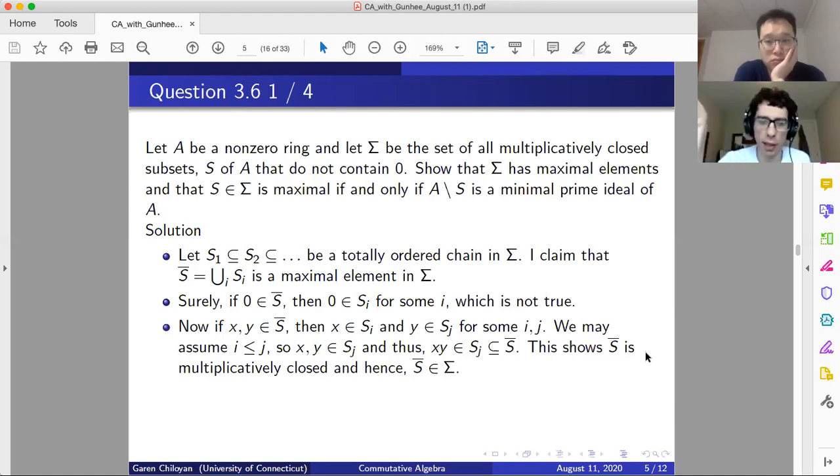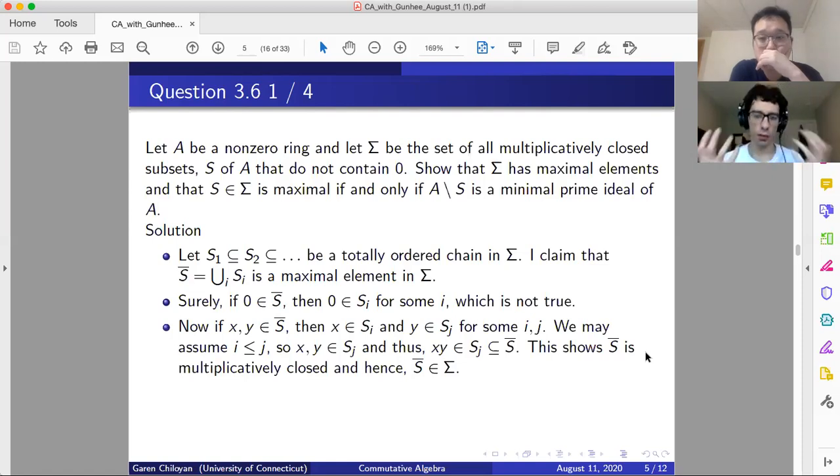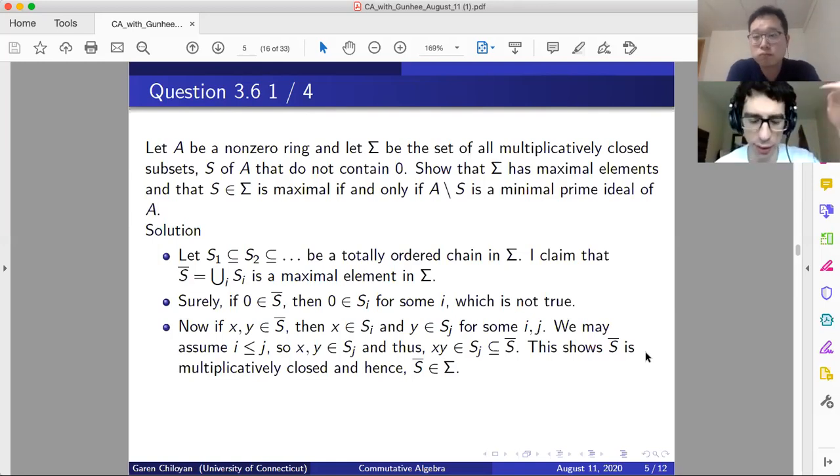They're in one of the elements of this chain, let's say S_i and S_j. And because it's a totally ordered chain, let's just say i is smaller than j. So let's say that both x and y live in S sub j. So the product lives in S sub j because S sub j is multiplicatively closed, but S sub j already lives in S bar.